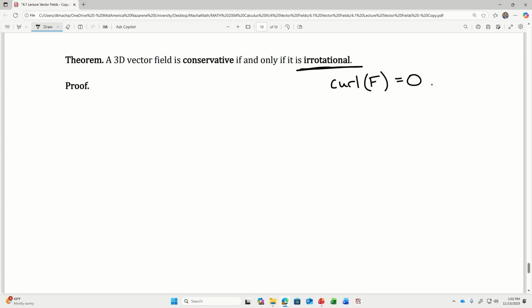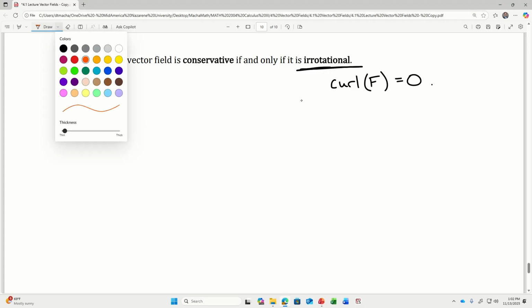But what we need to show is, what's the connection here? Why would having 0 curl imply that there is a potential field that generated this conservative vector field? So if and only if means we need to prove 2 directions here.